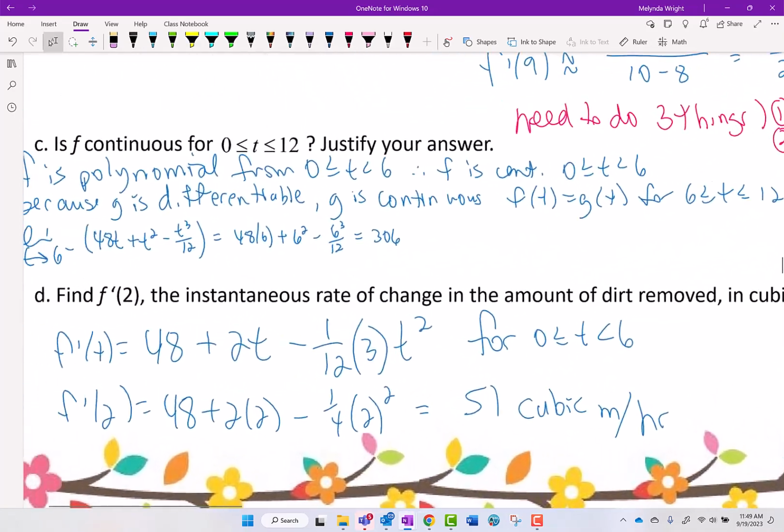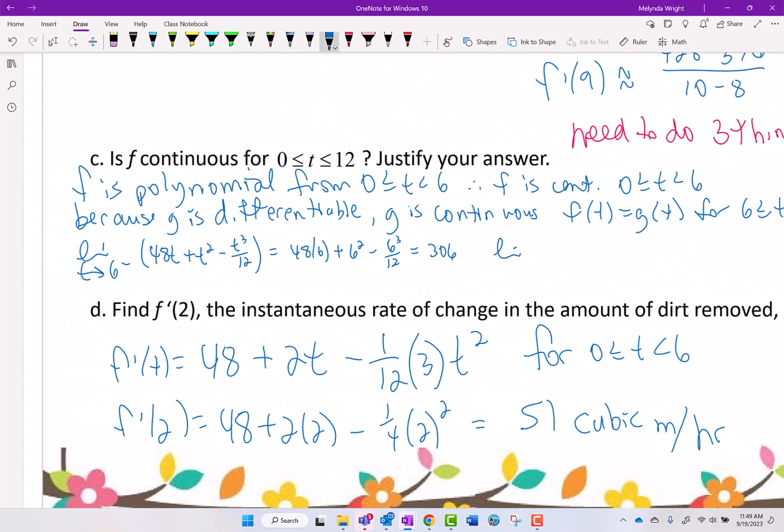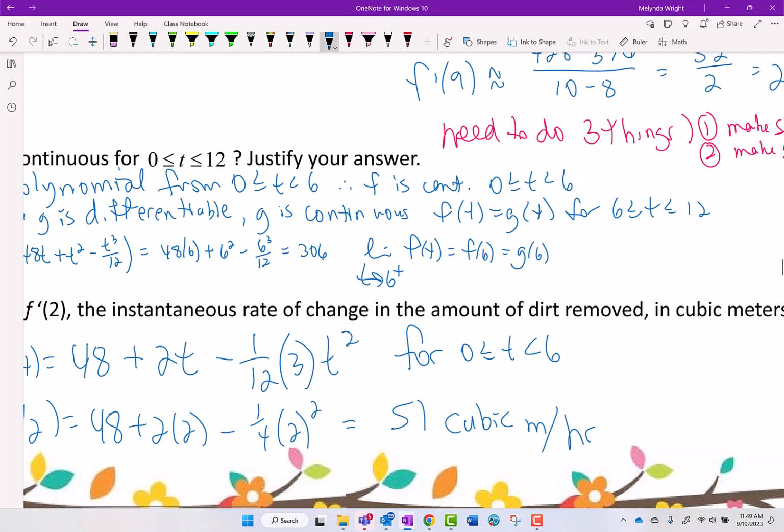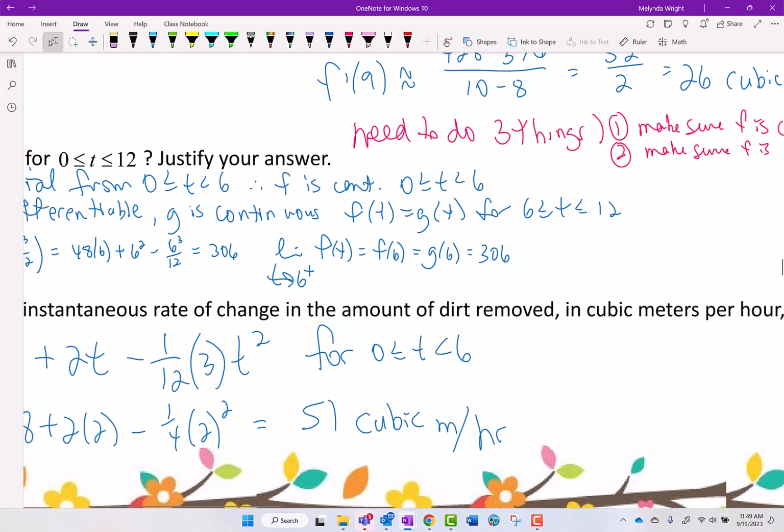Okay, so here we go. The limit as t goes to 6 from the right of f of t would be the same as f of 6, which is the same as g of 6. See, we got to put that g and f relationship in, which is 306. Okay, well, great.